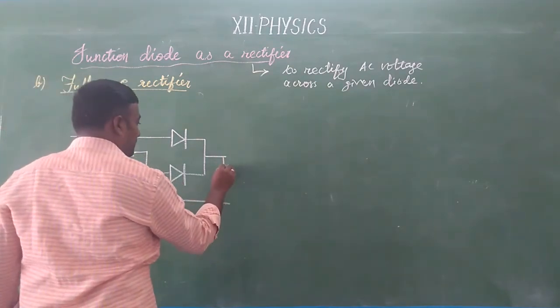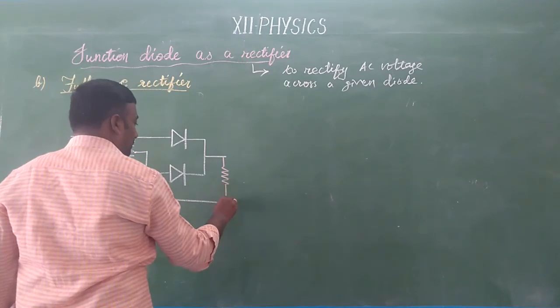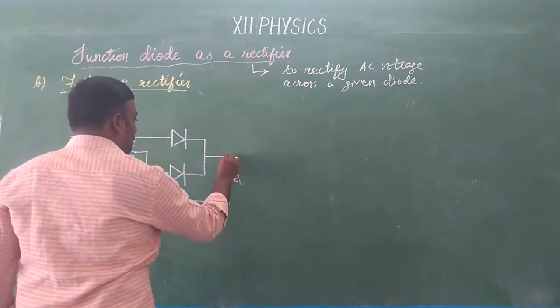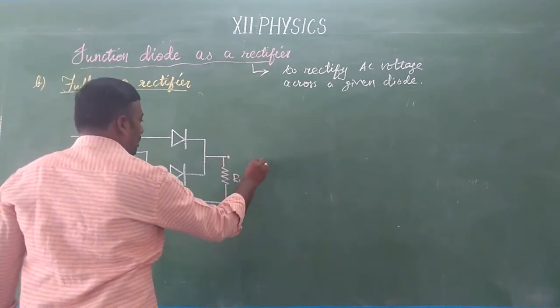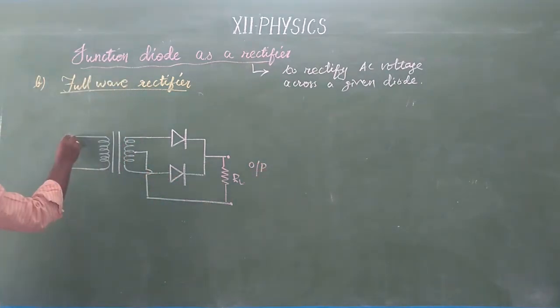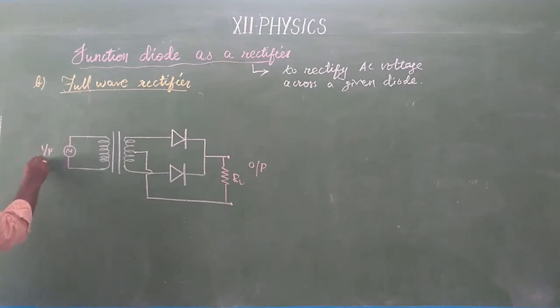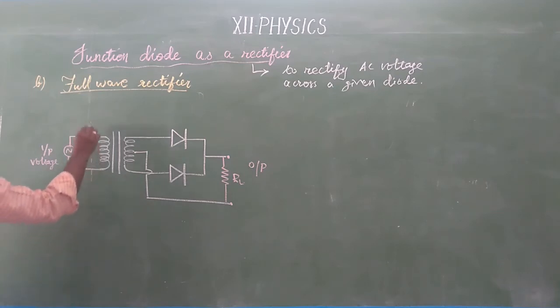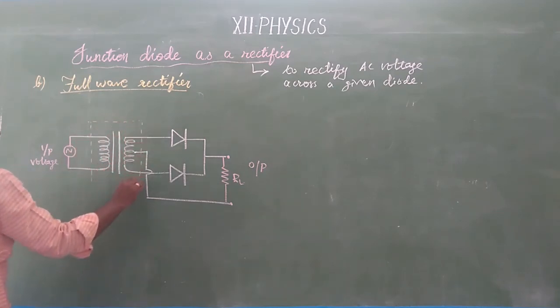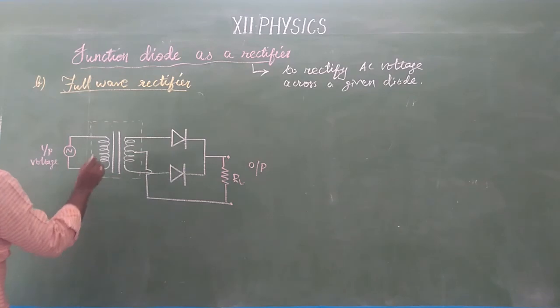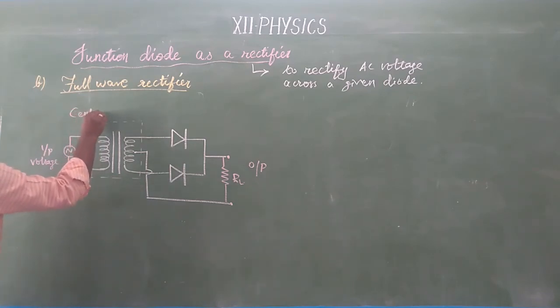So from the terminal, the load resistor is drawn. So this is output, and here the input is AC voltage as usual. This is input voltage, and this is called a center tap transformer.